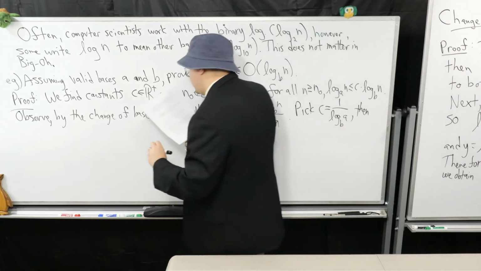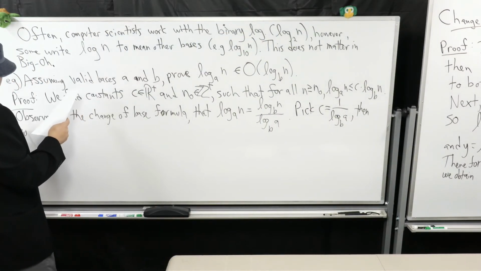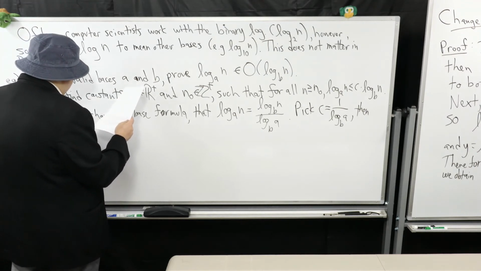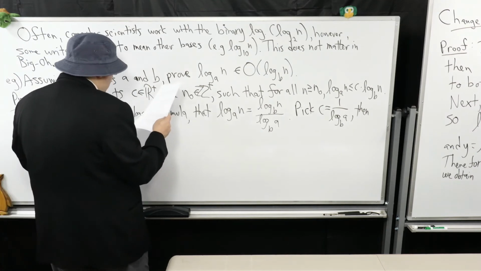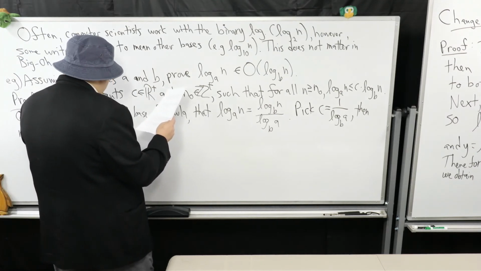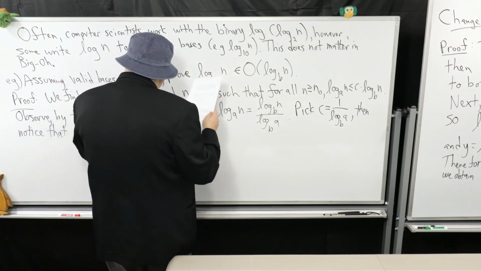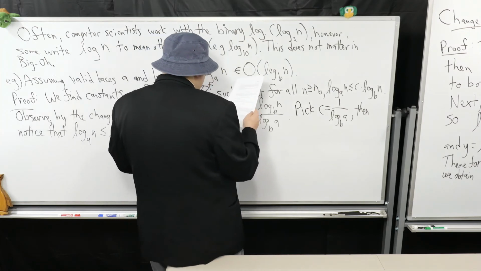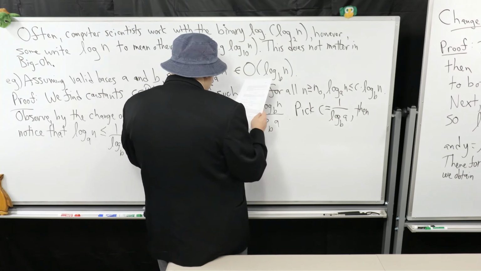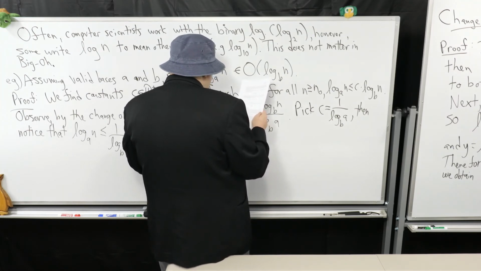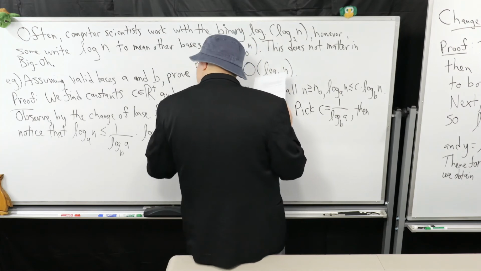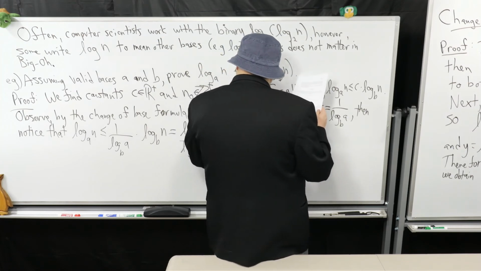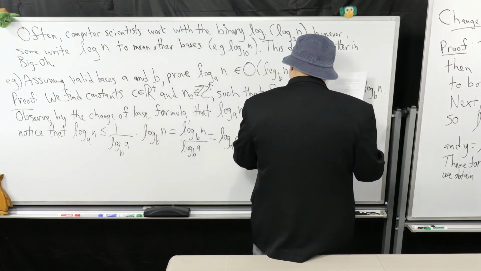Then notice that log base A of n is less than or equal to 1 over log base B of A times log base B of n, which of course is equal to log base B of n over log base B of A, which of course is also equal to log base A of n for all n greater or equal to 1.